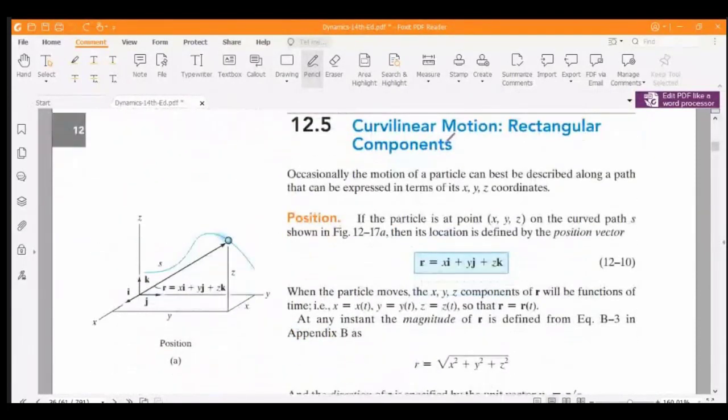In a curvilinear motion, we have a rectangular coordinate system, rectangular components. What does it mean? We have three-dimensional position.